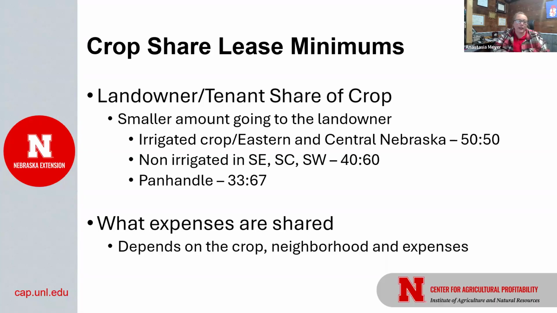And then I also like to see the bare minimums in the crop share of what expenses are going to be shared. It's going to be different on the eastern side than it is out in the panhandle. So it really depends on where you're at, what crops you're growing, and what the expenses are on what is shared.